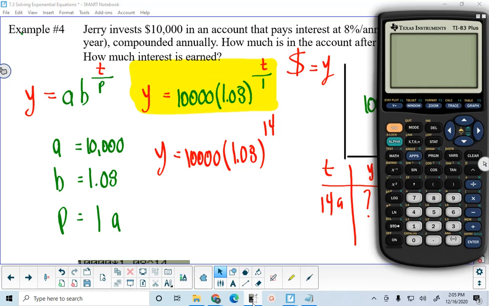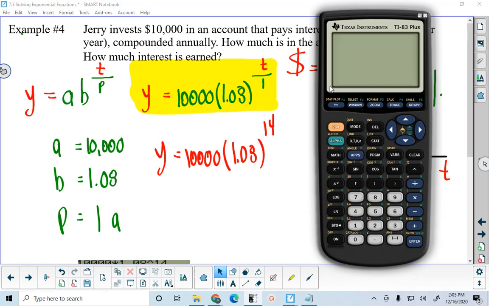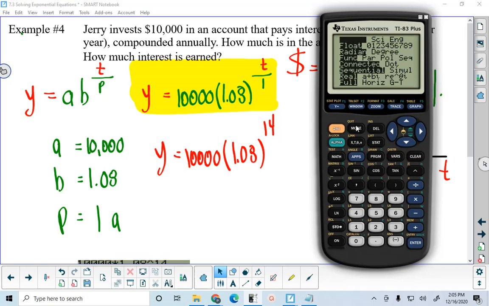The order of operations is we do the exponent first. But our calculator knows that. So we don't even have to worry about doing it in steps. 10,000 times 1.08 to the 14 is this amount of money. So the answer to the first part of question 4 is $29,371.94.